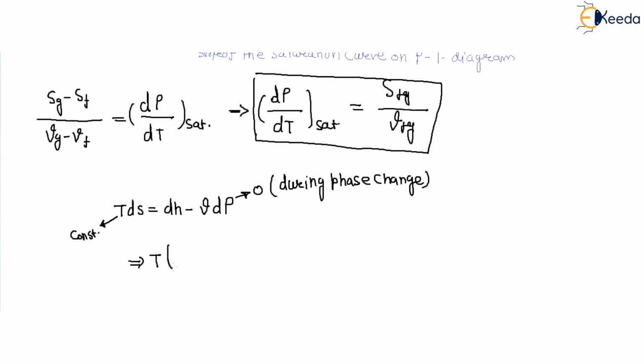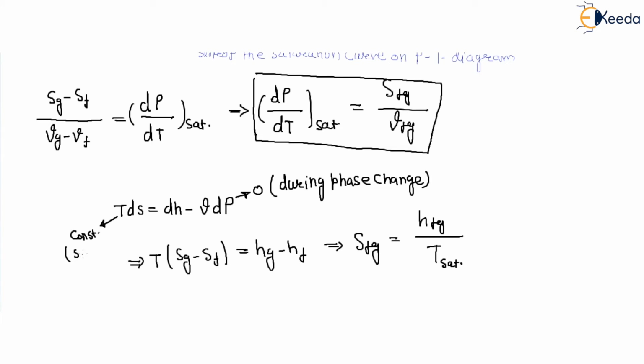So we can write T times (Sg minus Sf) is equal to Hg minus Hf, no problem. If we write like that, Sfg is what? Hfg divided by T, and T is the saturation temperature.